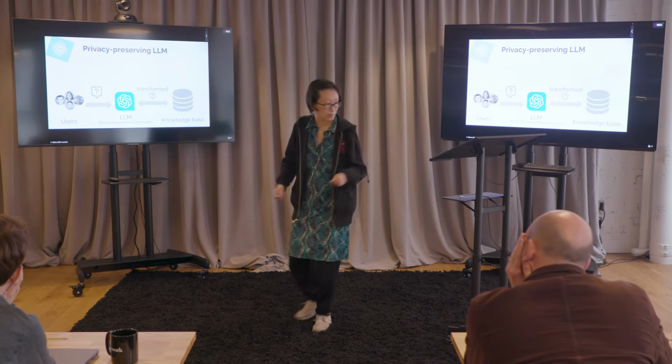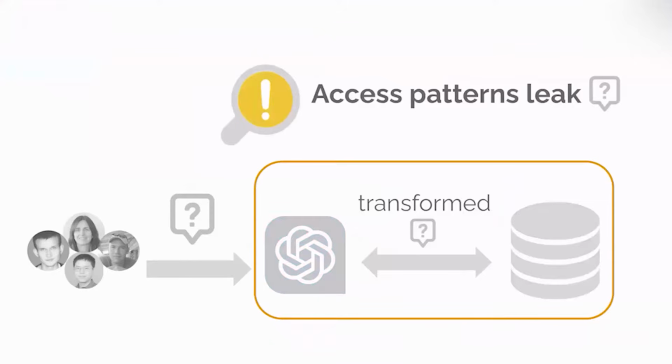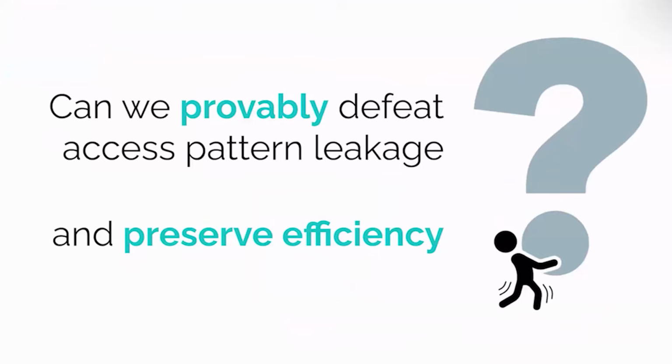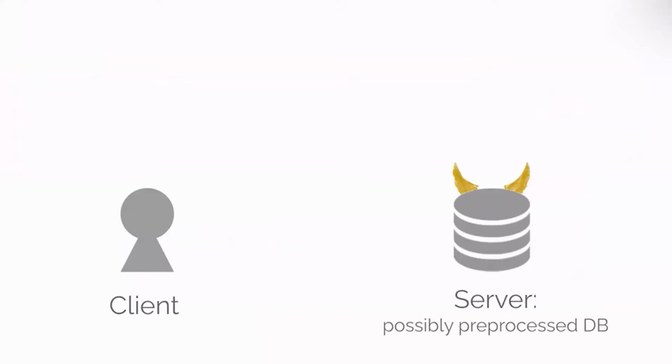And again, here, you can imagine the access patterns leak highly sensitive information about the query itself. So these are some of the high-value applications we are looking at, and they all ask more or less the same question. How can we provably defeat access pattern leakage but still preserve the efficiency? And I'm going to quickly formulate the problem.